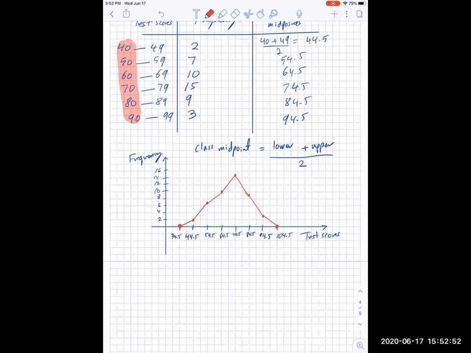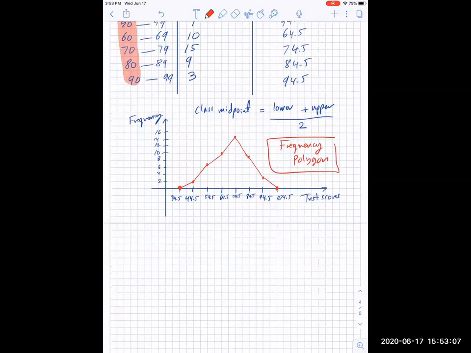And this is called a frequency polygon. Questions?